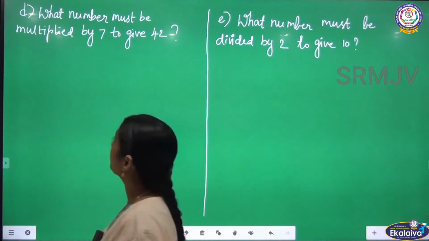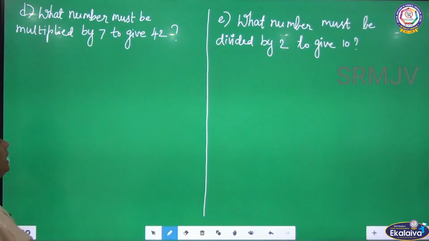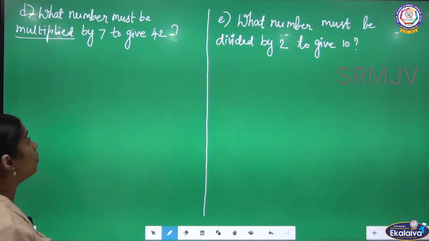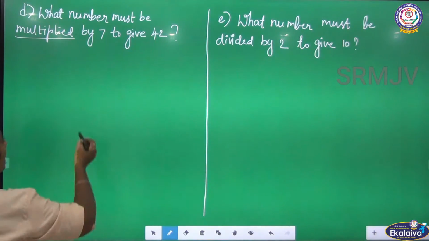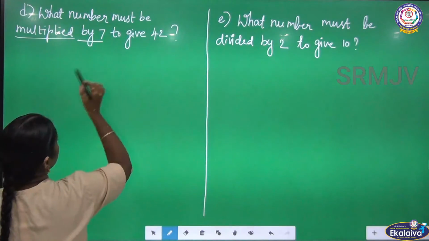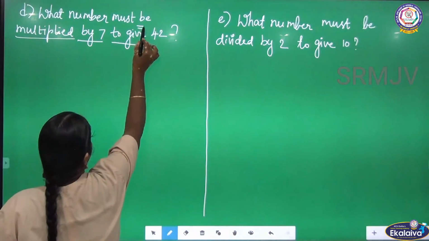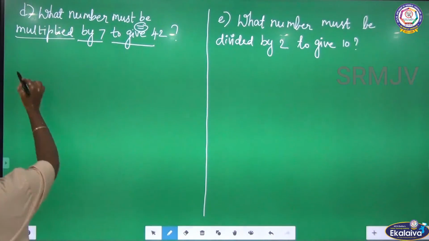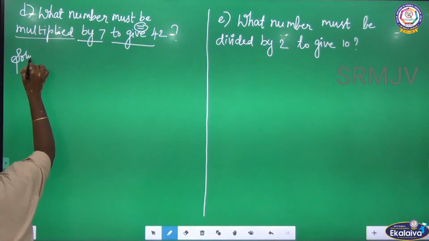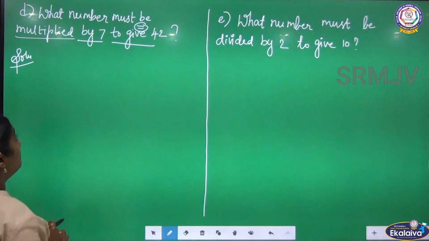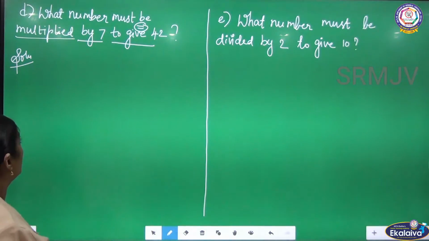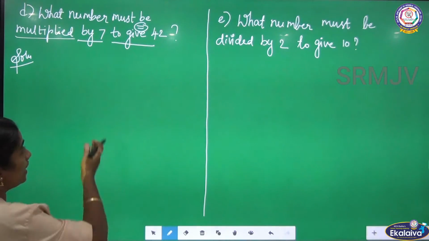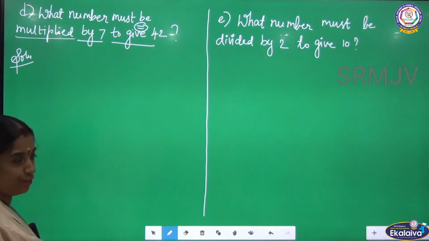See, listen. What number must be multiplied by 7 to give 42? To give means what? Equal. So, solve this. I don't know the number, but when it is multiplied by 7, my answer is what? 42.